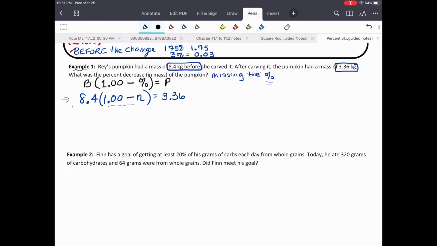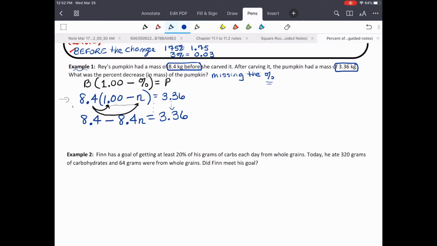It just means that we have to do this a different way, which means we better distribute the number that's in front of the parentheses. And we're going to solve this very much like an equation. So I'm going to do 8.4 times 1, which is 8.4, and then 8.4 times negative n, which is going to be negative 8.4n. And that's going to be equal to 3.36.